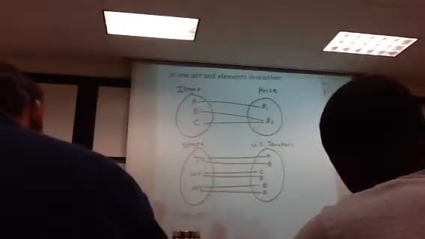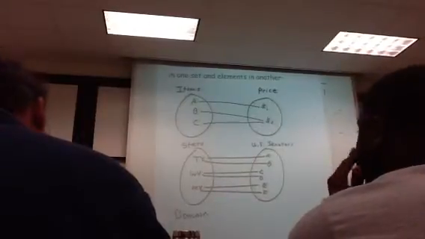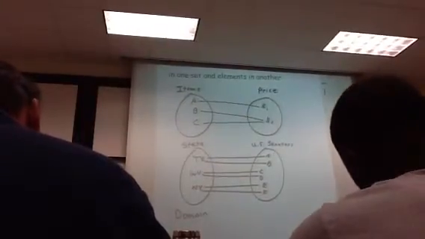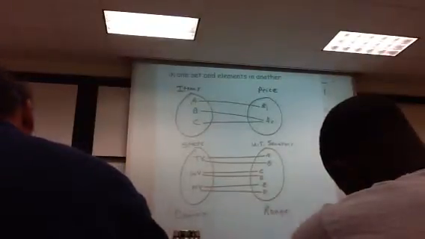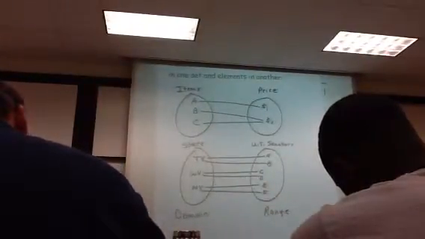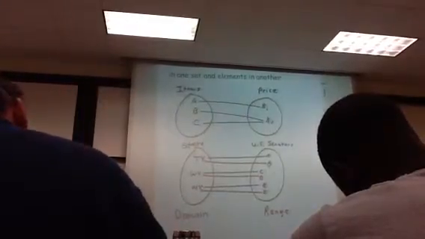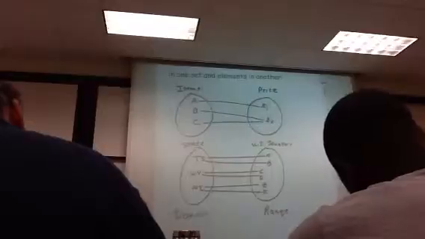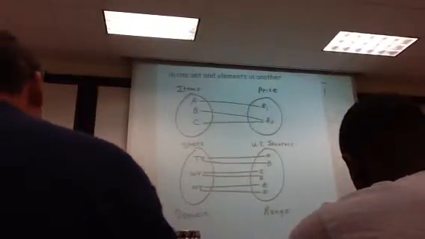That's the set of first elements. And I bet more of you now know what the second set is. Range. It's a range, absolutely. So I will be talking about elements in the domain, or domain elements, or range elements. So it's nice to know what those are. Okay. Just some terminology.